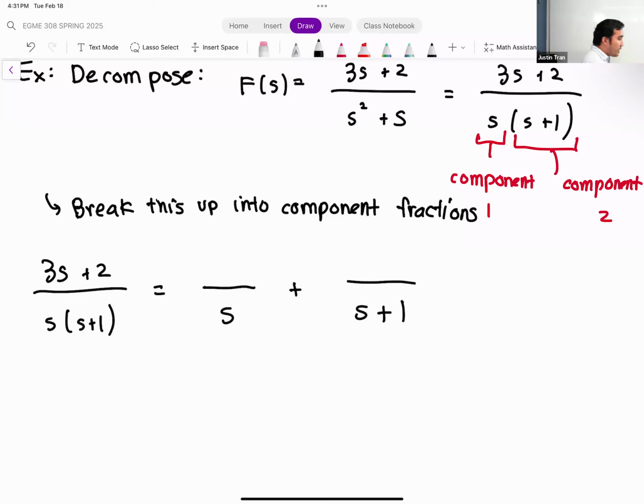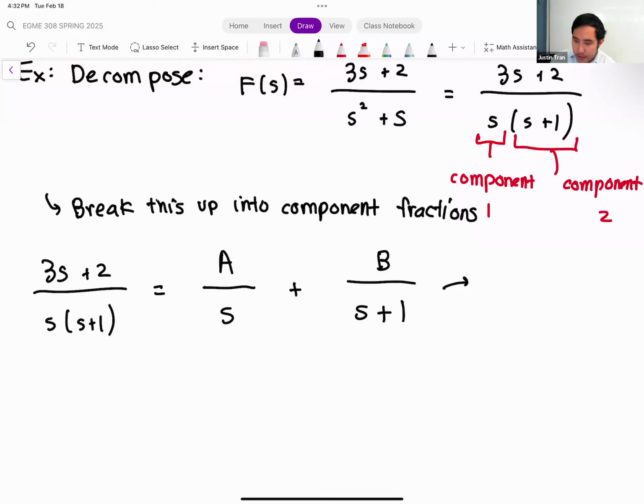Okay. And then in the numerators, we're basically going to take a page from our method of undetermined coefficients. We're going to have unknown coefficients here, or unknown constants. So we'll have a on the first one and b on the second one. Okay.